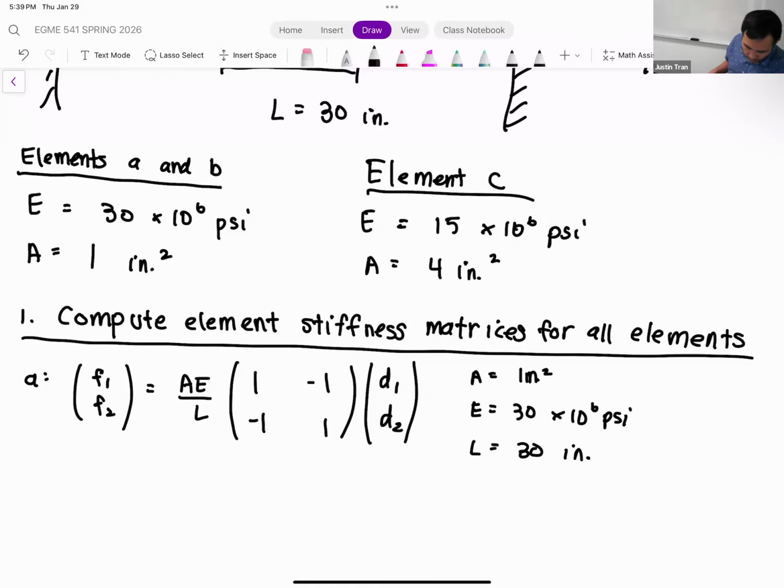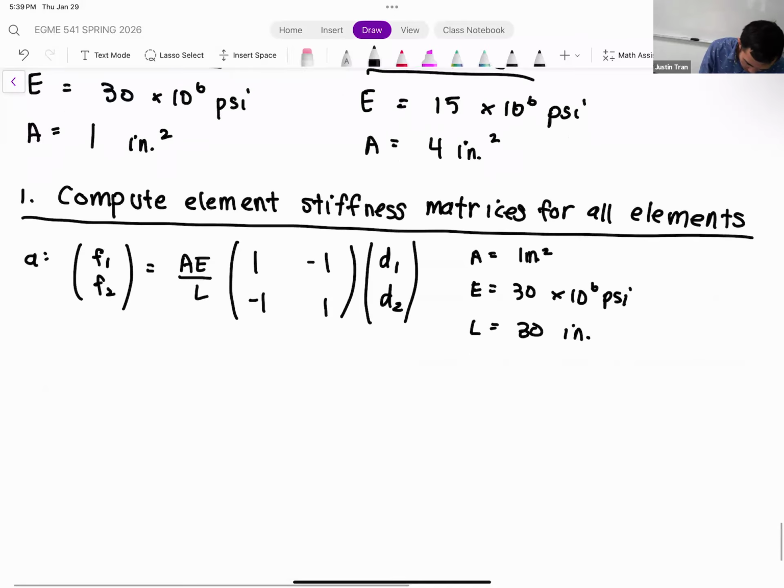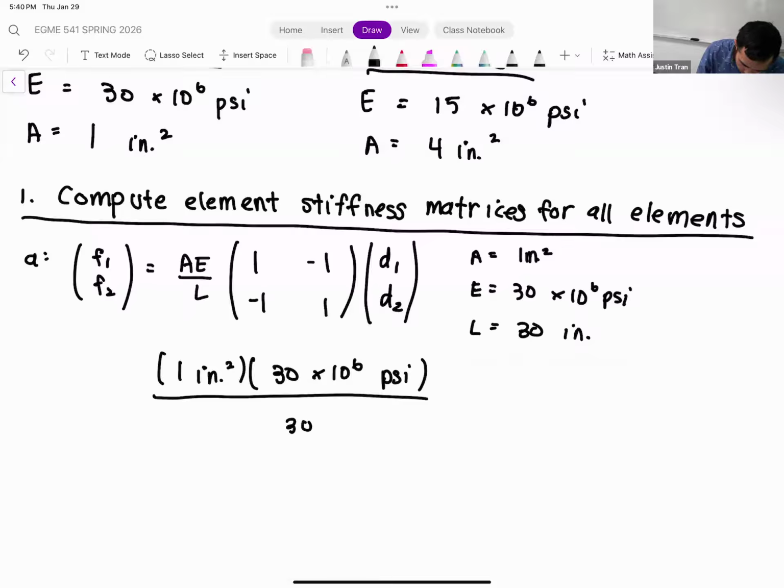So we plug all these in. We get 1 inch square multiplied by 30 times 10 to the 6 pounds per square inch, all divided by 30 inches. And what we get is 10 to the 6 pound per inch.